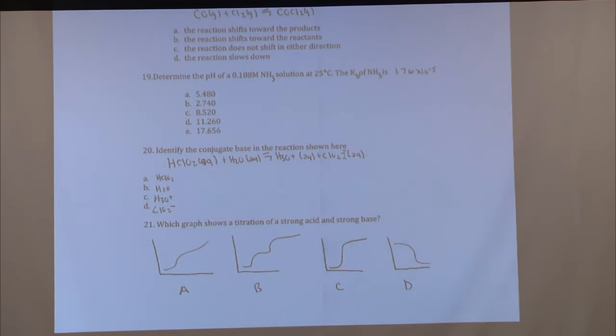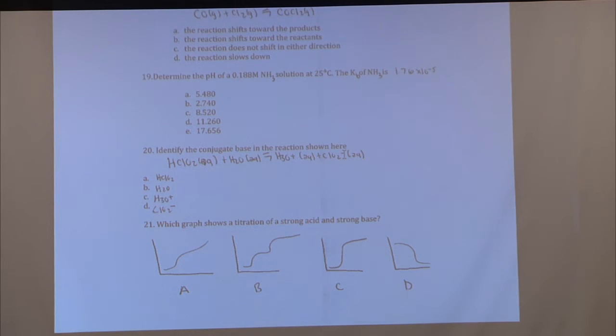Number 21 asks, which graph shows a titration of a strong acid and a strong base? Well, A is a really smooth S. So this one's going to be a weak acid and a strong base. Answer choice B has two humps.